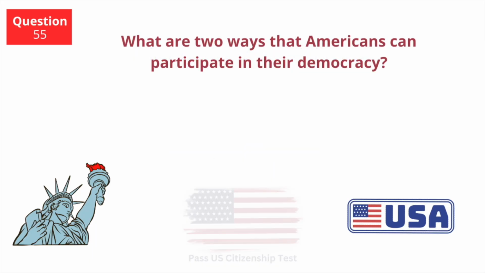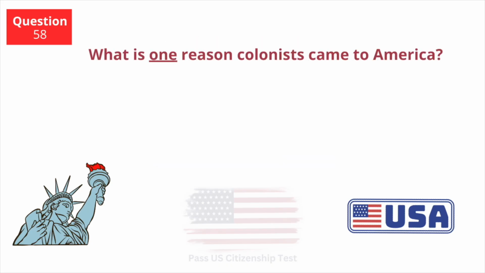What are two ways that Americans can participate in their democracy? Vote. Join a political party. What is one reason colonists came to America? Freedom.